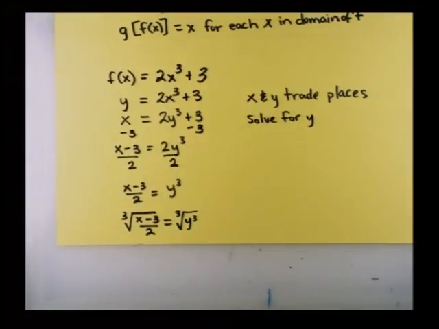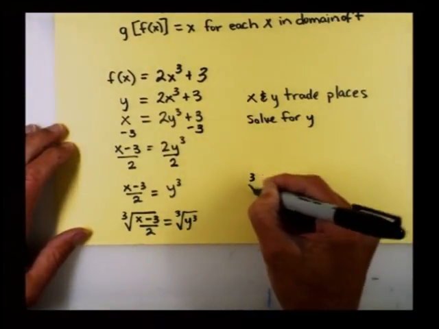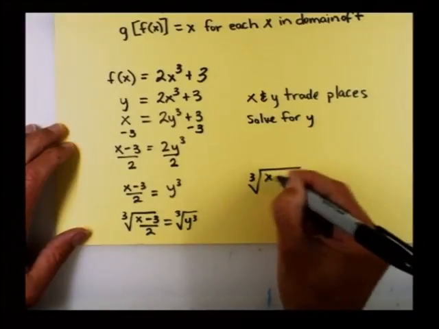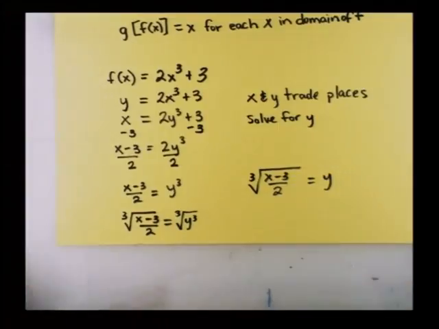So what I finally end up with is the cube root of x minus 3 over 2 equals y.